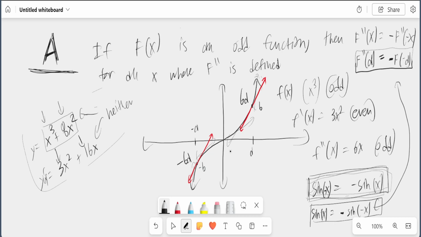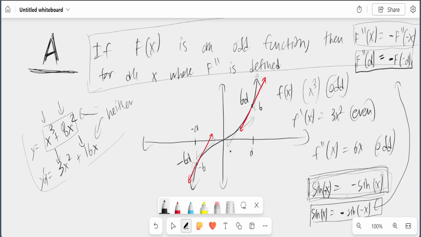So, we were just saying, okay, if we have this statement, is it always, sometimes, or never? Well, if you have f of x odd, f prime is even, so f double prime is also odd. So when you plug in the negative value, you should get the opposite y value as well. So this is true. That was basically a recap of what we did.